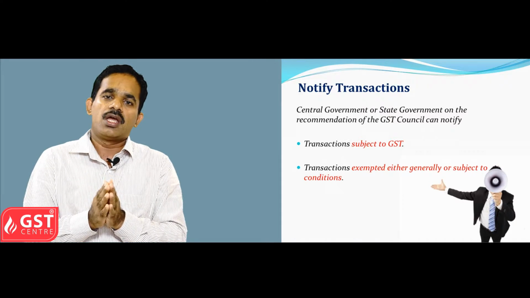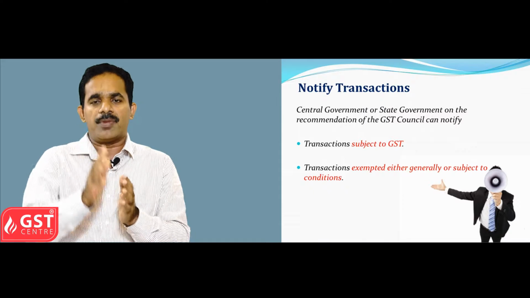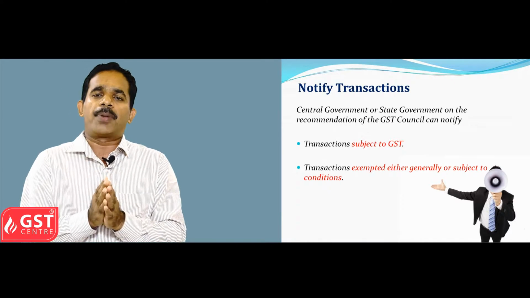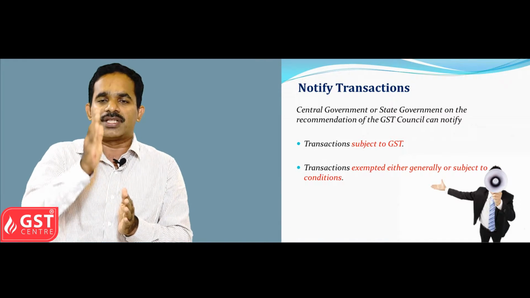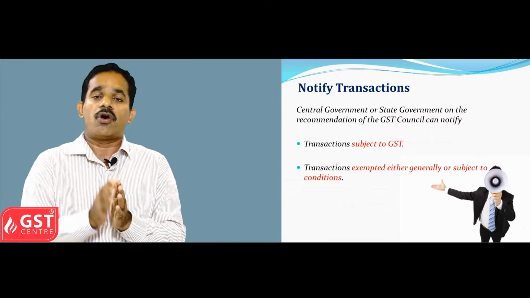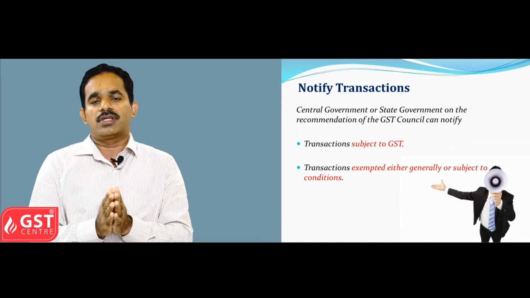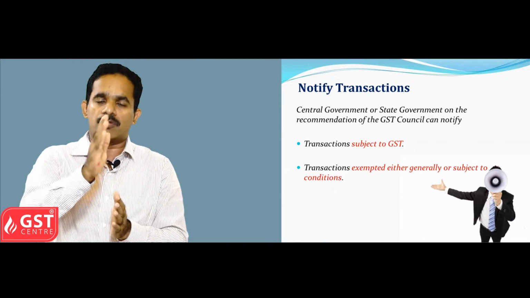That is, as per the recommendation of the governments and the GST Council, any supply, any transaction can be made taxable as per the GST Act. And of course, certain transactions can be exempted as per the recommendation of government and GST Council.